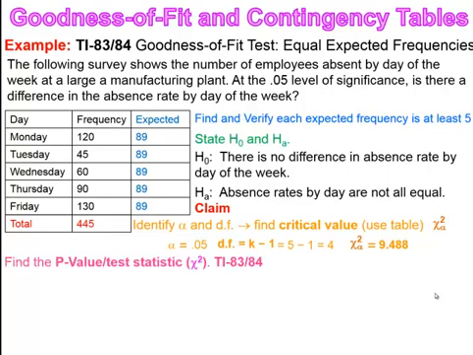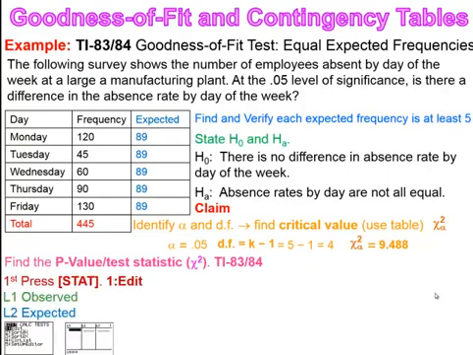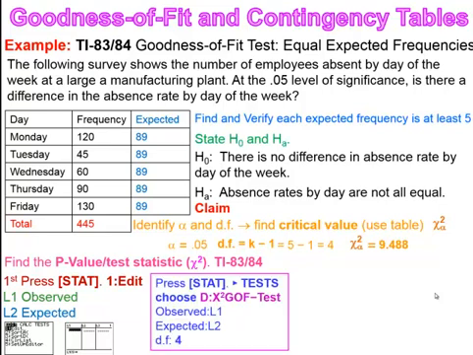Now we want to find the test statistic. In order to find it, you first have to enter the data into your calculators. Go to Stat and Edit. Enter the observed list into list 1 and the expected list into list 2. Once you have the data entered, you can calculate the test statistic.